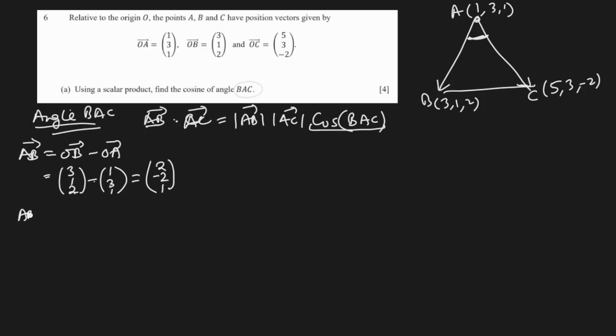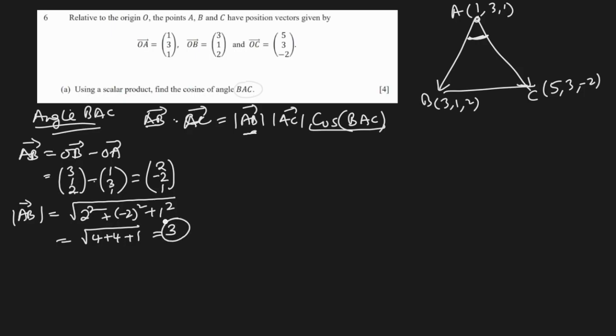What is the modulus? We need modulus also, right? So magnitude of AB will be square root 2 square plus minus 2 square plus 1 square, which is 4 plus 4 plus 1, 9, 3. 3 is the magnitude of AB.